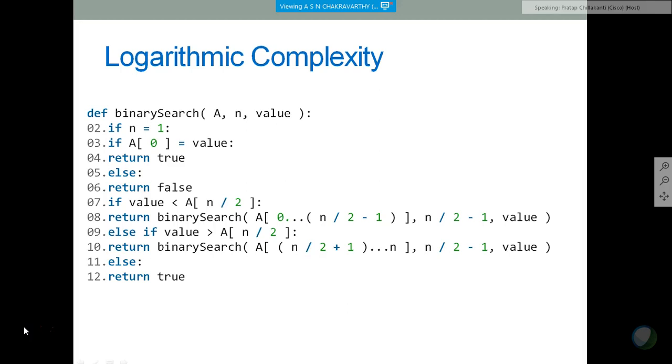Here is some kind of pseudocode or Python code. If you look at line 8, after the base case, you are calling the binary search again. Right? You see that?